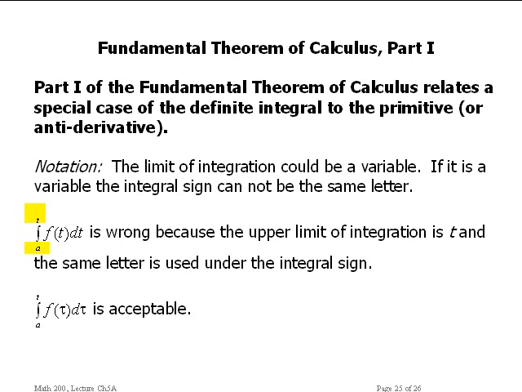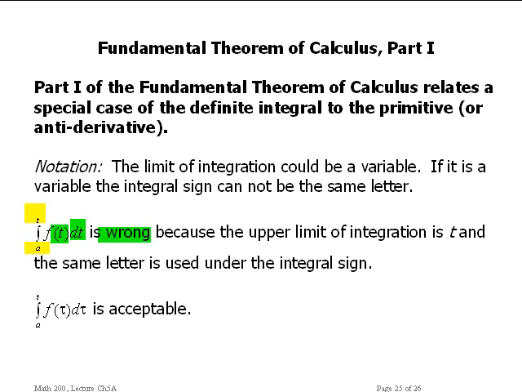But if you have a letter up here as a limit of integration, you cannot use the same letter down here. So if you use the t up there where it's yellow, you can't use the t down here. This is wrong, right?